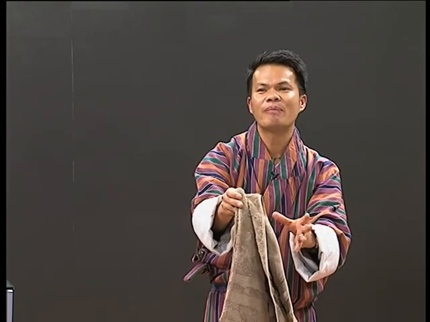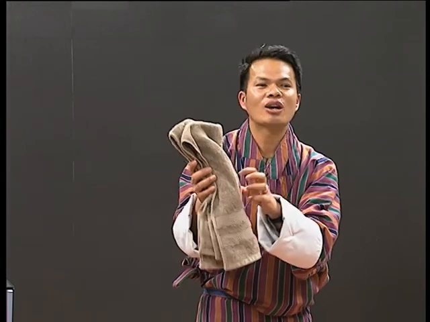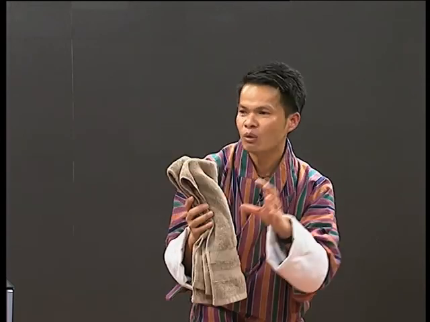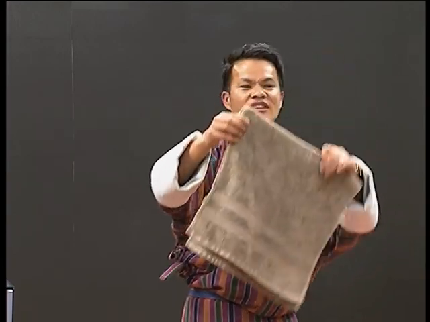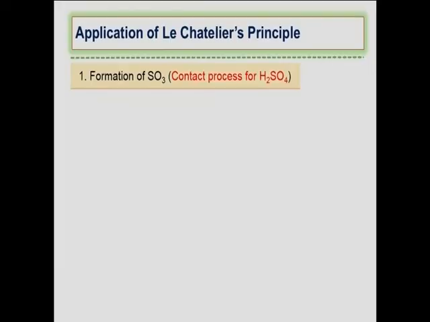Now the system will reestablish the equilibrium by releasing the water from your wet cloth to the surroundings. So that is how your cloth dries faster when it is windy or when you put on the fan. So let us look at the application of Le Chatelier's principle.